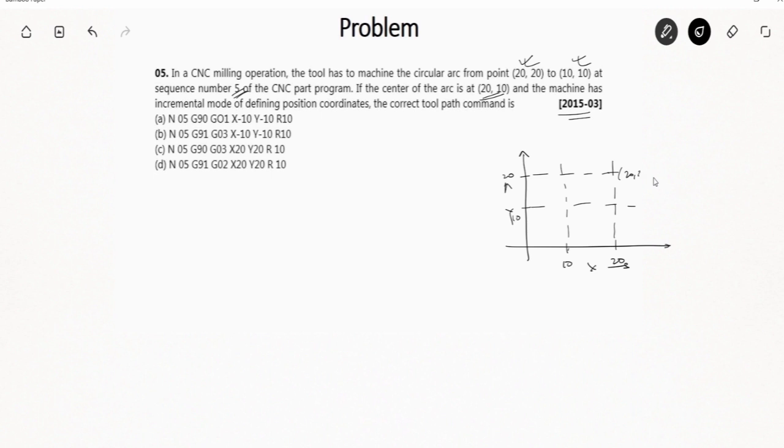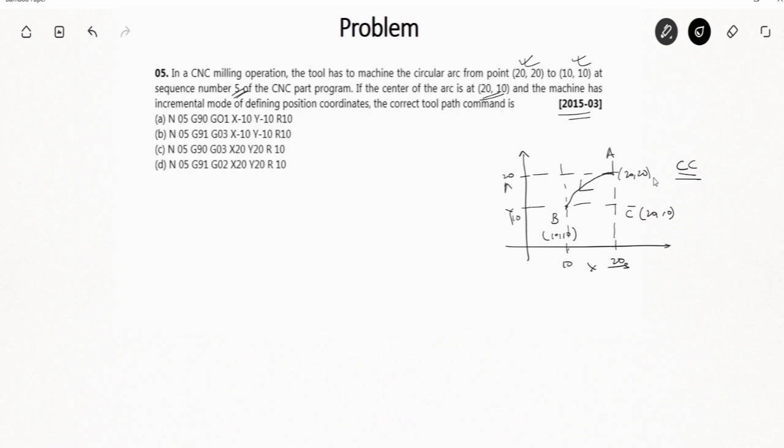This is 20 comma 20, let's say this is A. Now 10 comma 10, this is B, and they are saying the center of the arc is at 20 comma 10, this is C. So the motion is from A to B. This is a counterclockwise motion. I have written it as CC motion, counterclockwise motion.